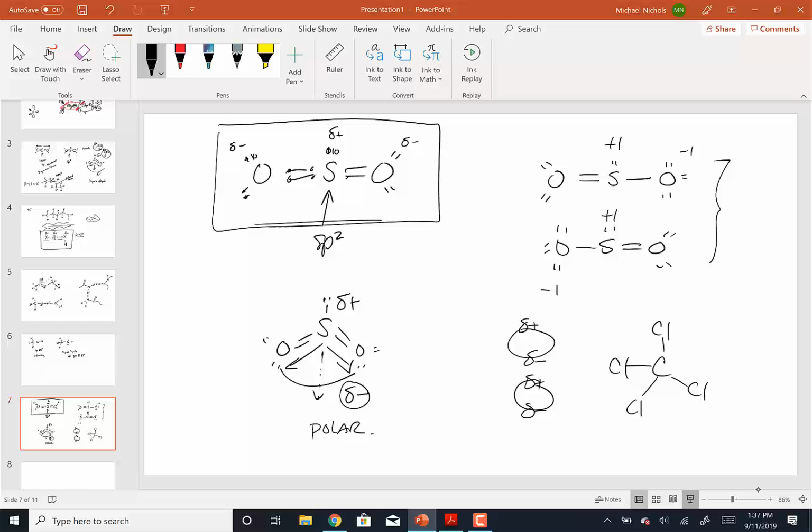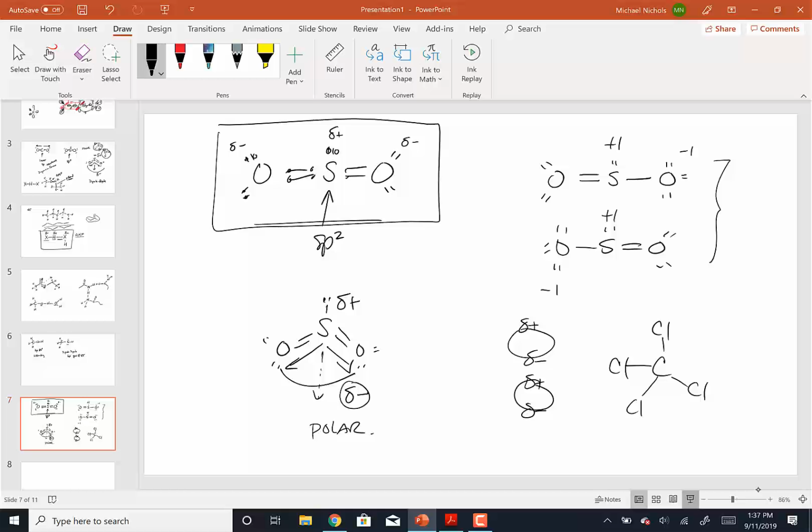Is a carbon-chlorine bond a polar covalent bond? In general, two atoms that aren't the same will form a polar covalent bond, except carbon and hydrogen. So carbon-chlorine bonds are polar covalent bonds. So check one. It has polar covalent bonds.